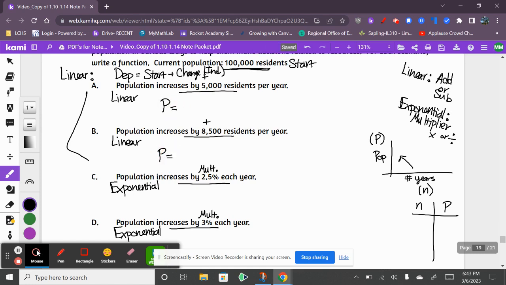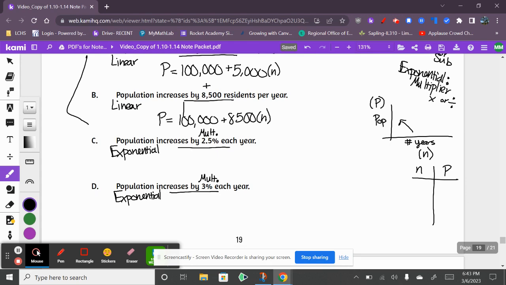All of them will have a start of 100,000. That does not change. So the 100,000 is always going to be there. Then when we think about our change, this one is increasing by 5,000, and that will get multiplied by the independent variable, which is always going to be N, the number of years. This one is increasing by 8,500, and that will also get multiplied by N.